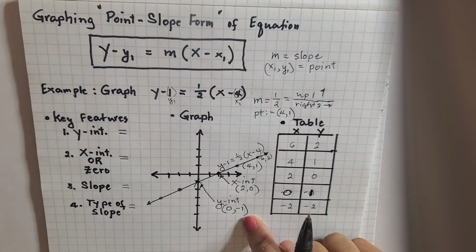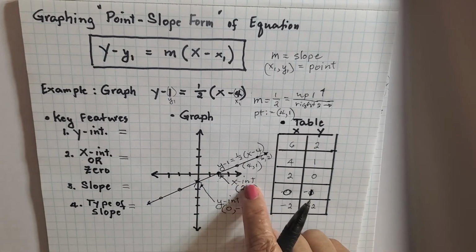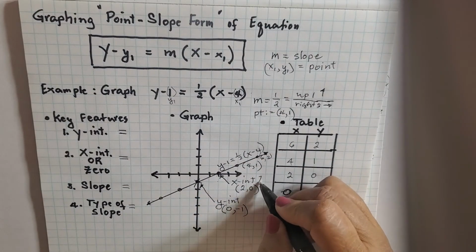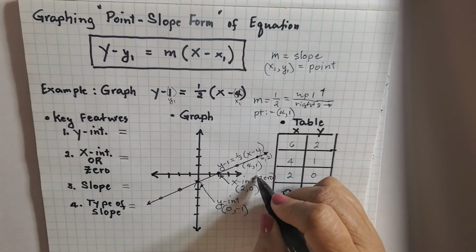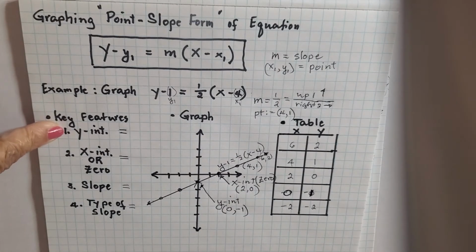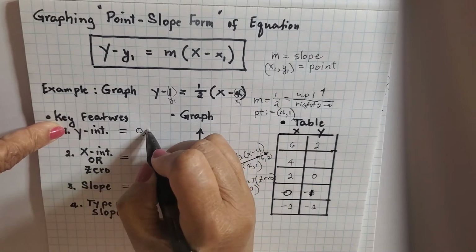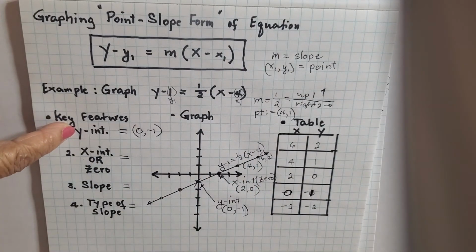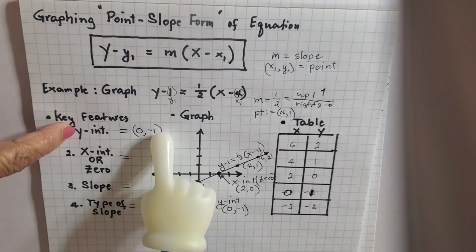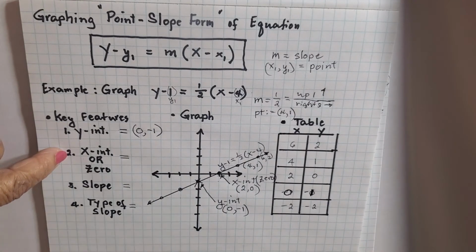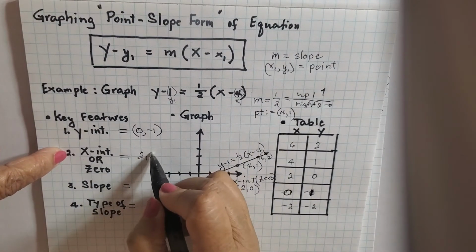Now, take note that for the x-intercept, there is another name, and this is called a zero. So, let us write down the key features. The y-intercept is 0, negative 1. For the y-intercept, there is a number on the y, and x is 0. The x-intercept is 2, 0.